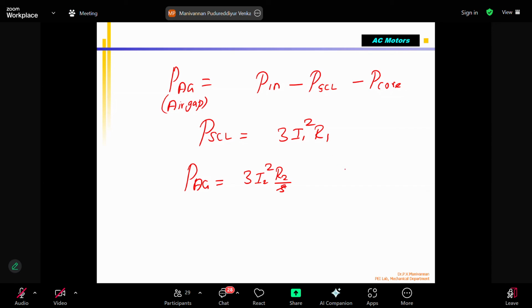And then you can write I2 equal to I_R divided by... Very sorry, it's not I_R, equal to E_R divided by R_R divided by S plus jX_R.